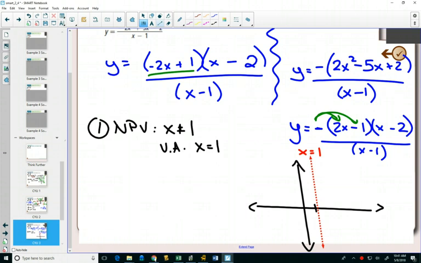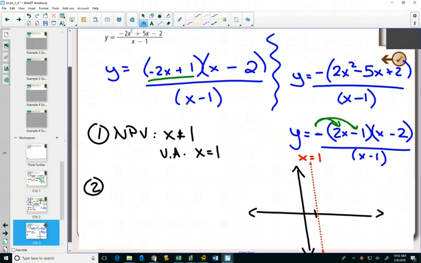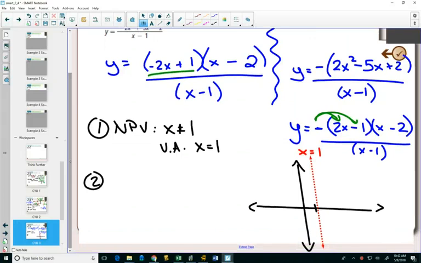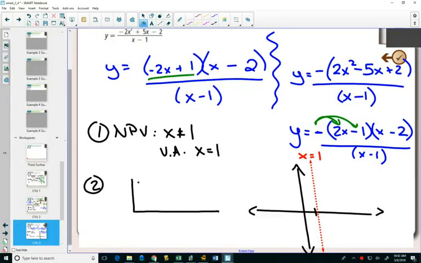Do I have an oblique asymptote or a horizontal asymptote for step 2? Well, I have a higher degree on the top, so I'm going to have an oblique asymptote. How do we find our equation of our oblique asymptote? We use synthetic division, so we're going to need to divide negative 2x squared plus 5x minus 2 by x minus 1.